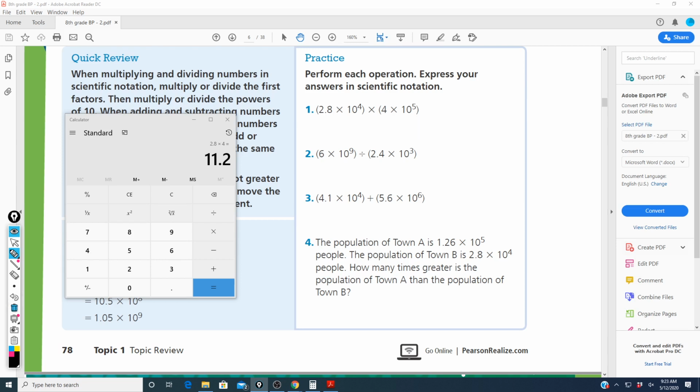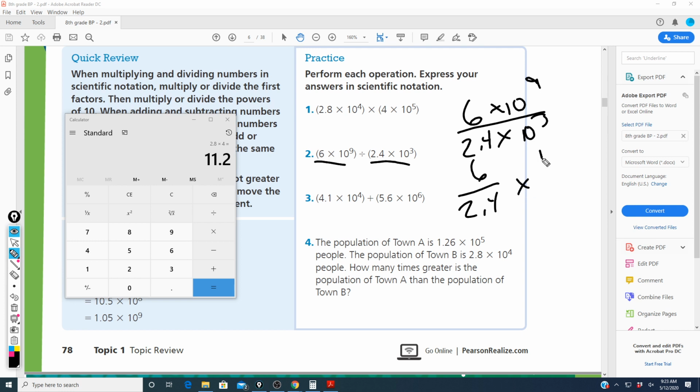Okay, just kind of moving quickly here. I'll get this other one. If we're dividing, simply put, you can put 6 times 10 to the ninth over 2.4 times 10 to the third. You can separate it as this, and then 10 to the ninth over 10 to the third. 6 divided by 2.4 will give us 2.5.